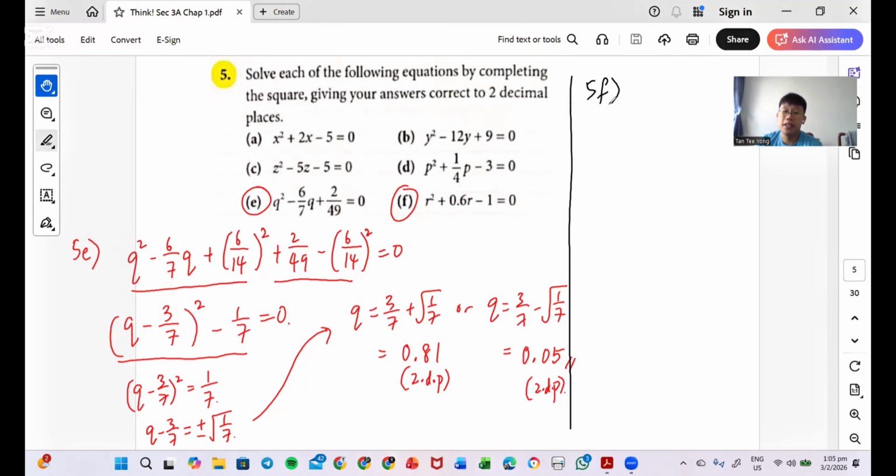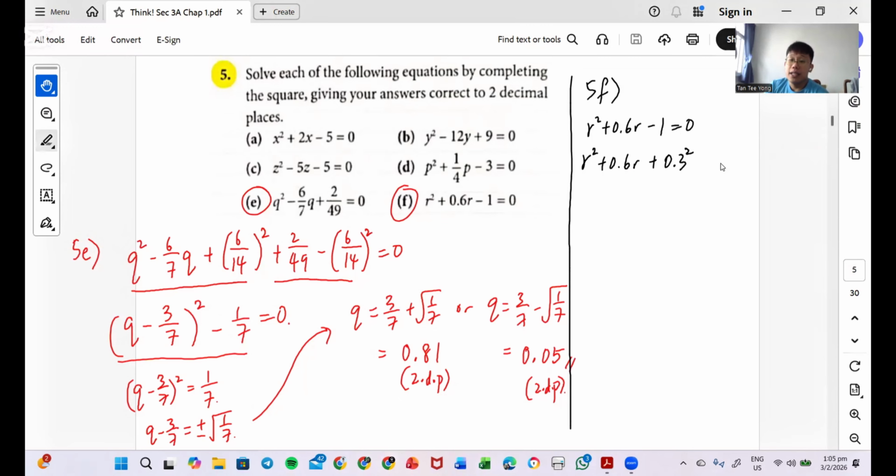Okay, so now let's do 5F. So r square plus 0.6r minus 1 equals to 0. Okay, so r square plus 0.6r plus your b square, which is 0.3 square. Then minus 1 minus 0.3 square. Maybe better to write a bracket.